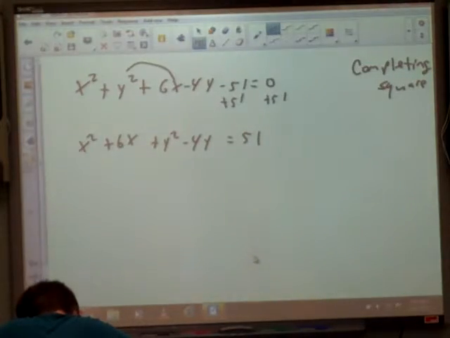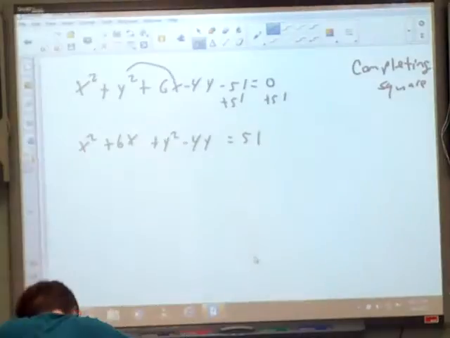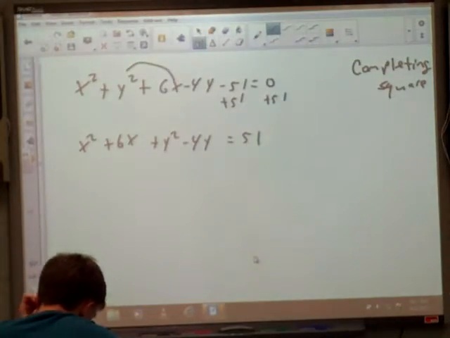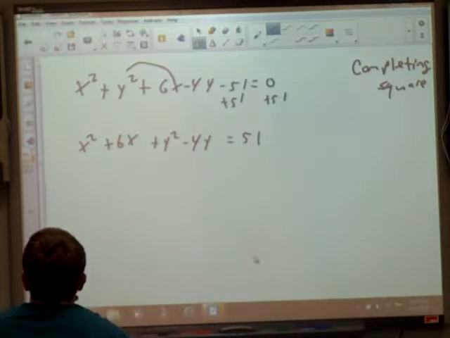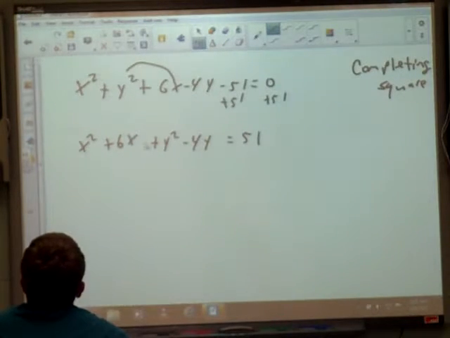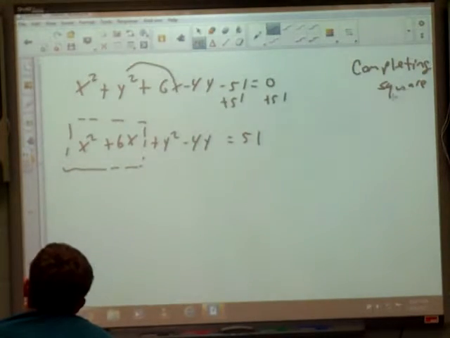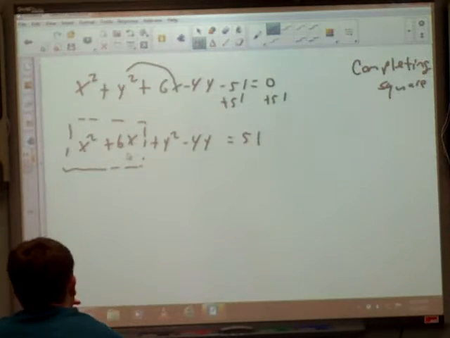The reason this is called completing the square is because in that form for a circle, those are perfect squares. That x minus h squared is a perfect square. So we're trying to get this to be perfect squares. Looking only at my x section first: when we did completing the square before, in this x squared my a would be 1, and in this x my b would be 6. So I need a c that's a perfect square.